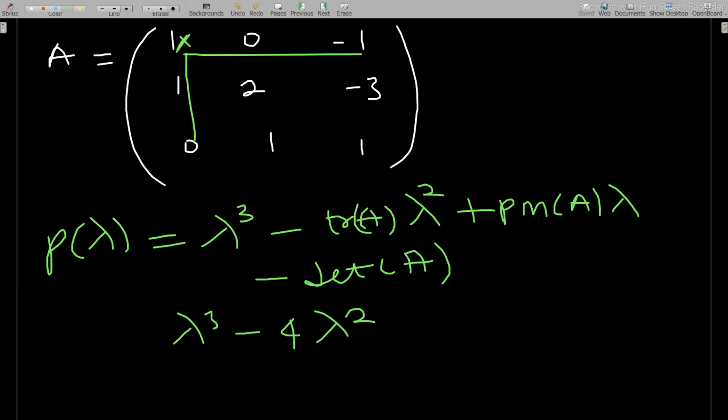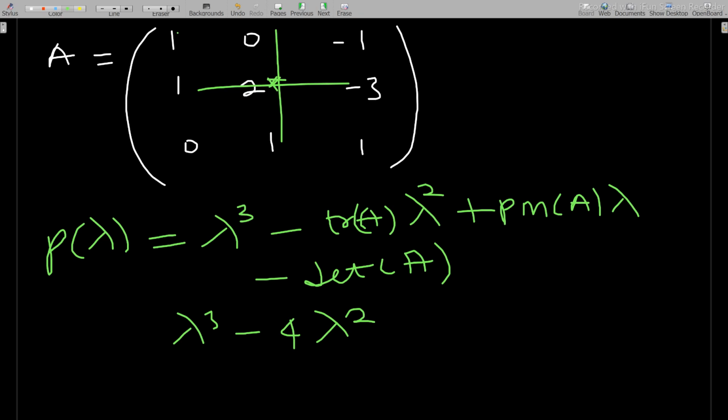You cancel this row and column and find the determinant of the remaining matrix: 2 times 1, which is 2, minus negative 3, which becomes 2 plus 3, that is 5. Then you cancel the other row and column: 1 times 1 minus 0, which is 1, so 5 plus 1 is 6.